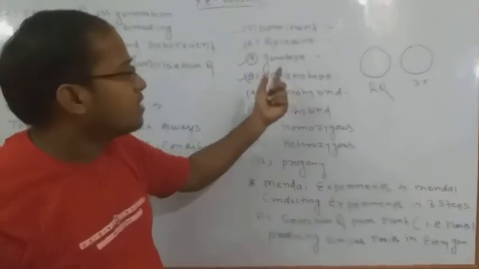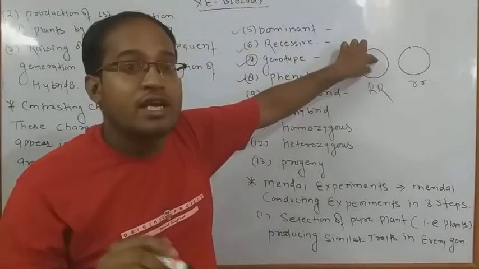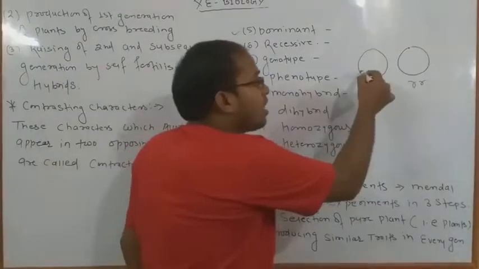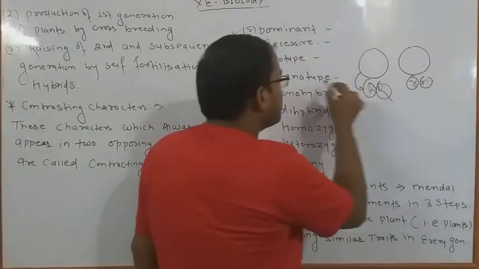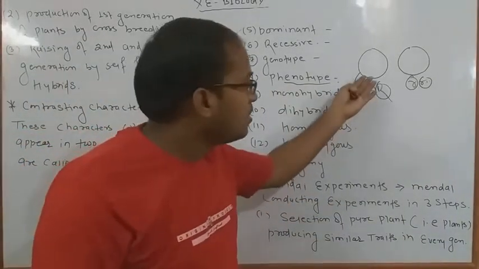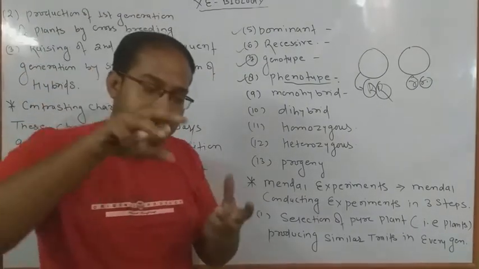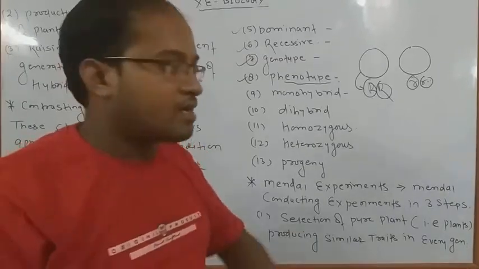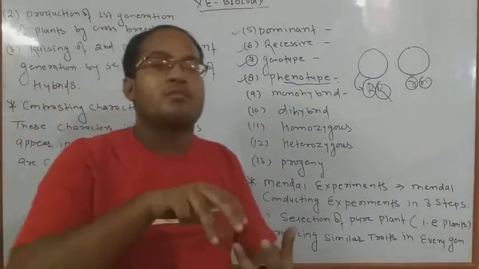But here genotype means the inside characters regarding DNA and genes, that is called genotype. And phenotype means how they look, as capital R and small r, that is called phenotype. Phenotype means the outer nature of any group of characters, and genotype means the genetic makeup which is found inside. ठीक है, genotype का मतलब होता है जो DNA makeup होते हैं अंदर के.